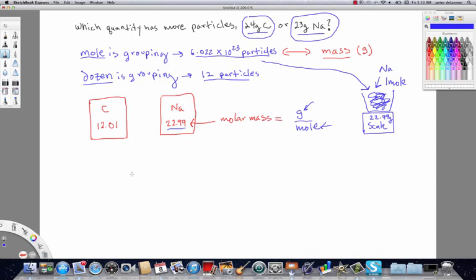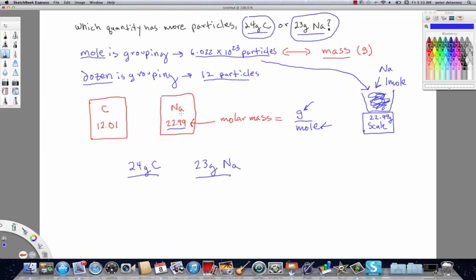So coming back to the problem, what the problem is asking is which of these two masses has more particles in it. So you compare 24 grams of carbon with 23 grams of sodium. Look at the periodic table.